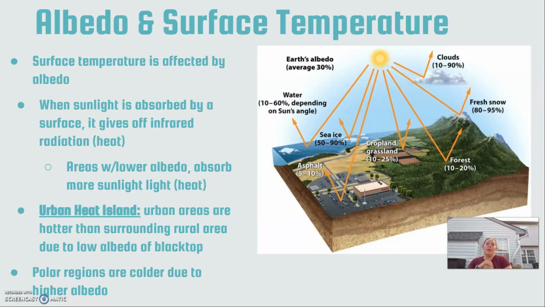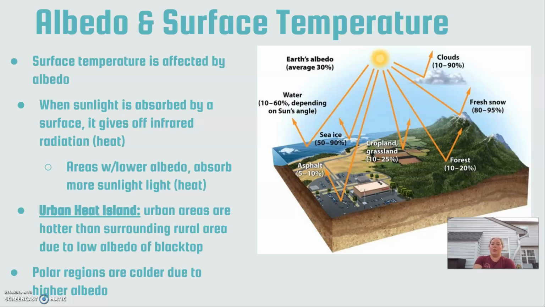So albedo directs surface temperature, because if the sunlight is absorbed by the surface, it gives off infrared heat, which makes it warmer. Areas that have a lower albedo are going to absorb more sunlight, which means they're going to be warmer. So this creates what we call an urban heat island.